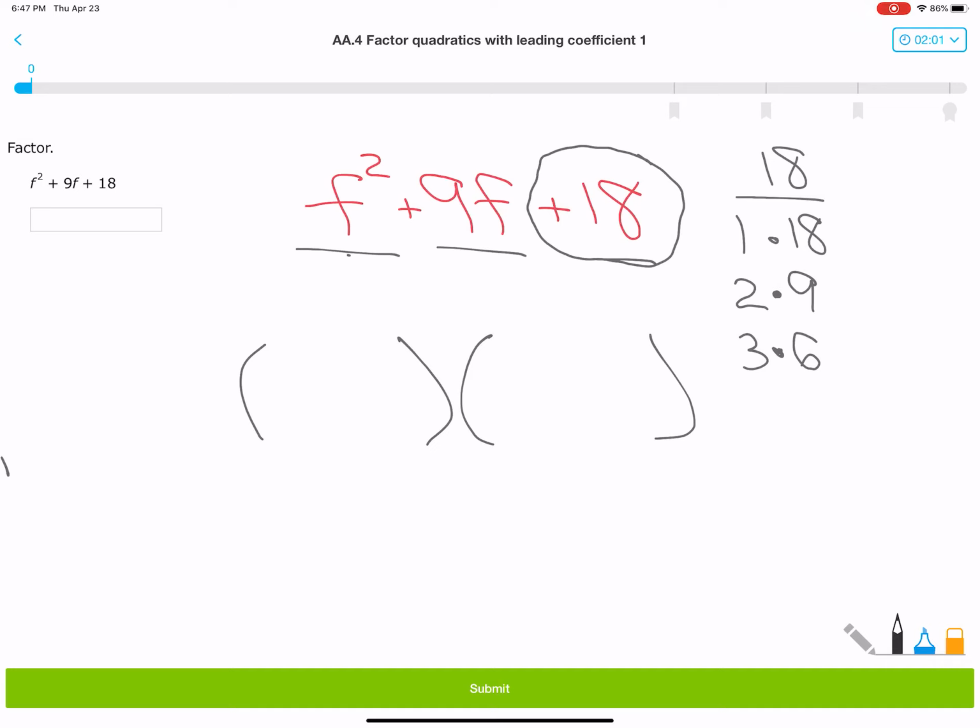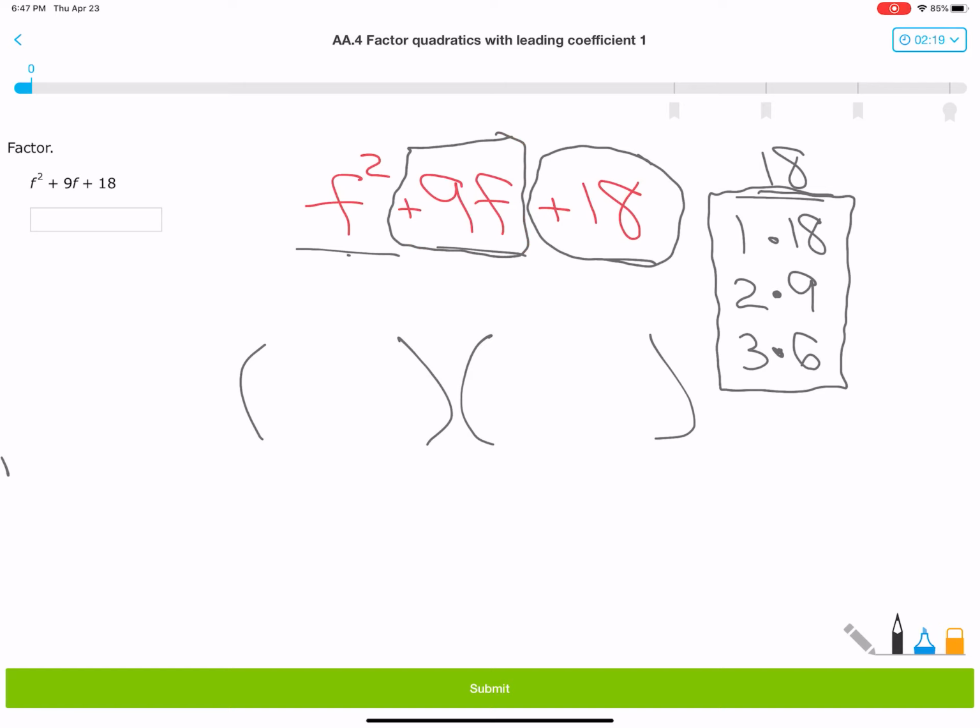Now what we need to do next is, I have my list of factors. That's what I just did here. Now we need to look at those factors and at this middle term.